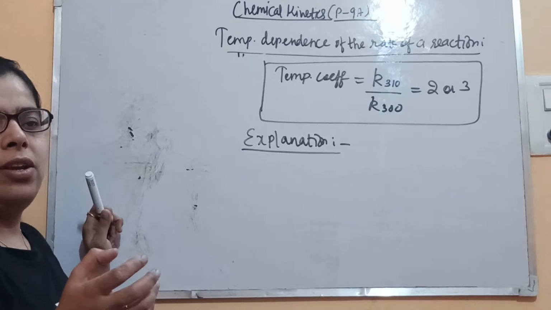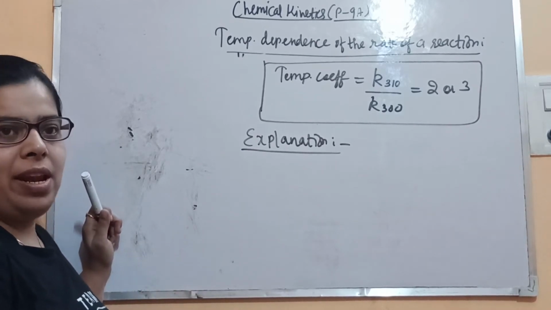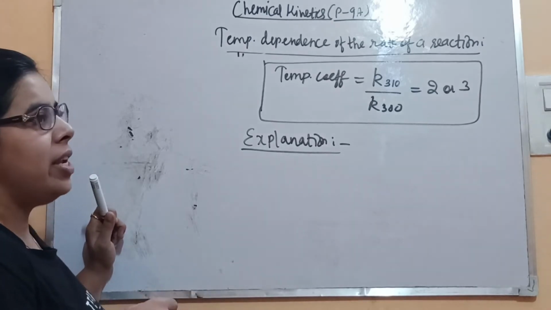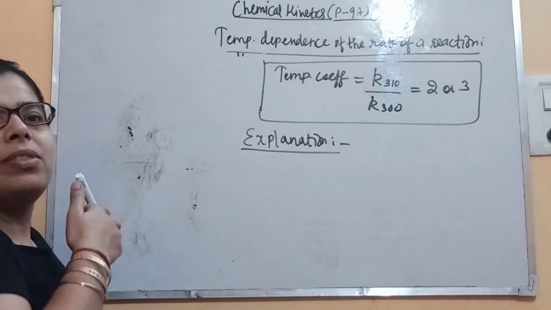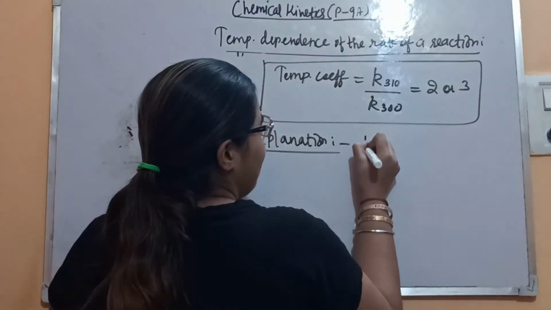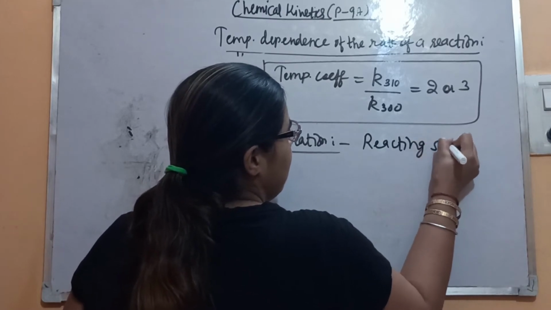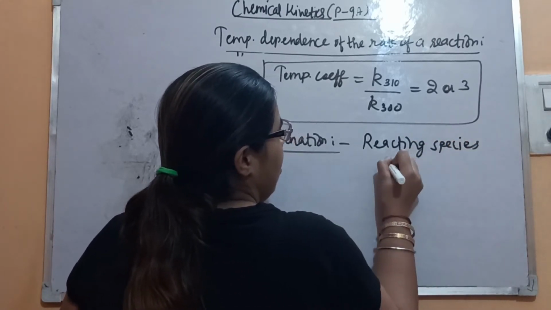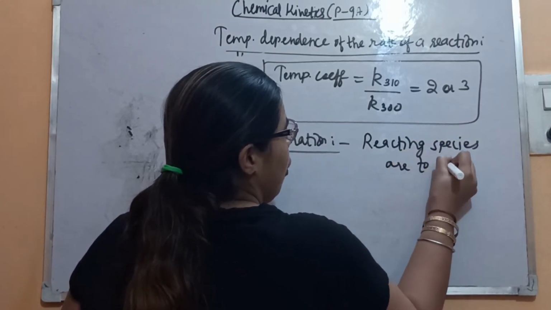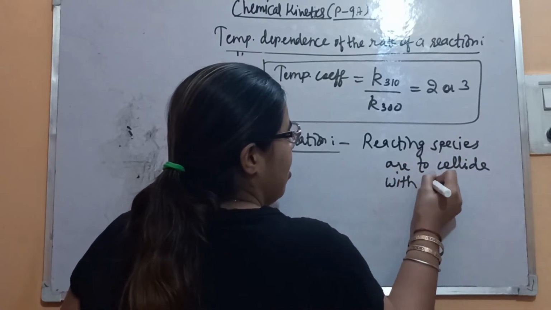So the reacting species have to collide with one another, and it depends upon the speed of the reacting species. So what is the explanation? That reacting species are to collide with one another.